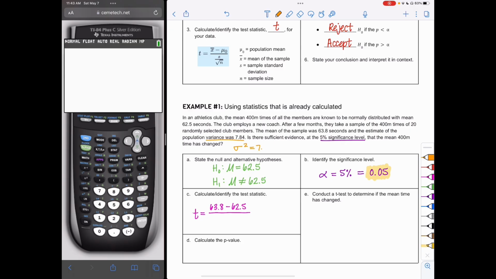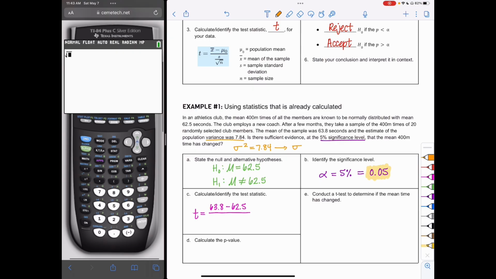They're saying that the variance is 7.84, and we know that the variance is the standard deviation squared. So if the variance is 7.84, then my standard deviation is going to be the square root of that. If we take the square root of 7.84, we will end up getting 2.8. So I know my standard deviation is 2.8 here. So we're going to have 2.8 divided by the square root of my sample size.